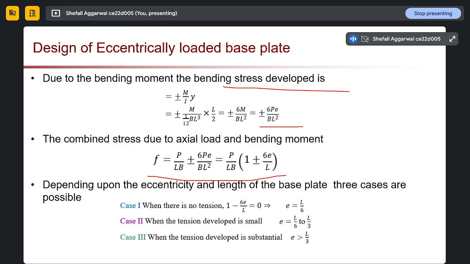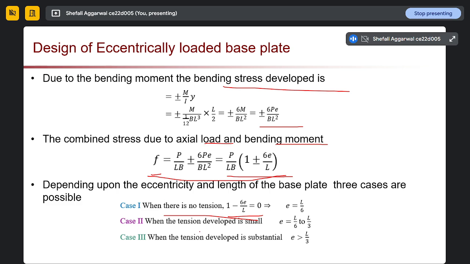So solving it, the combined stress due to load and bending moment is given by P upon L B into 1 plus or minus 6E upon L, where E is our eccentricity. Depending on our eccentricity and length of the base plate, three cases are possible. Firstly, when there is no tension, the value 1 minus 6E upon L will be equal to 0, and in that case E is equal to L by 6.